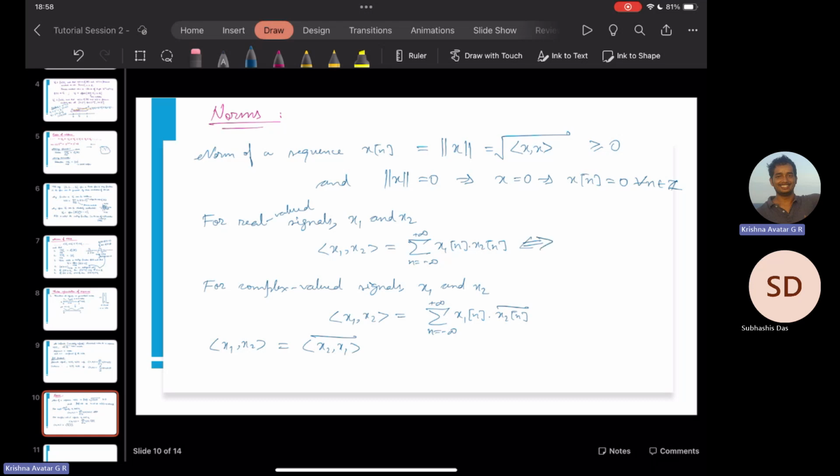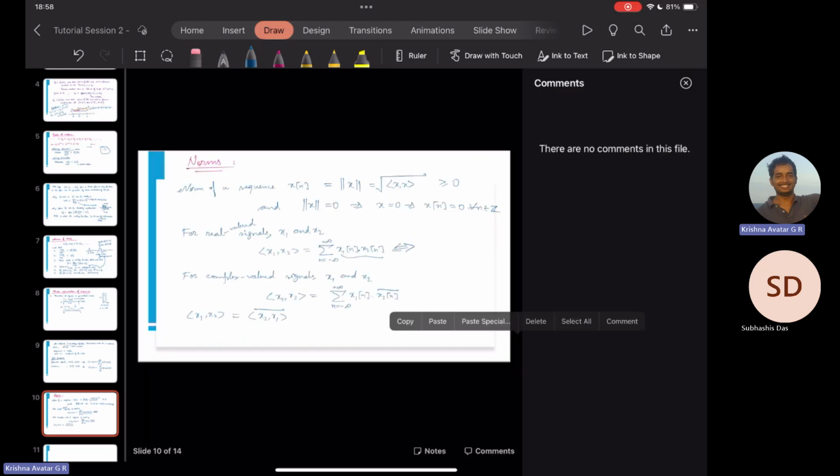When you had real signals x1, x2, and you took the dot product, we have x1[n] dot x2[n], and this is just a mere product between any two components of the signal, and you are just summing them. So here order doesn't matter.